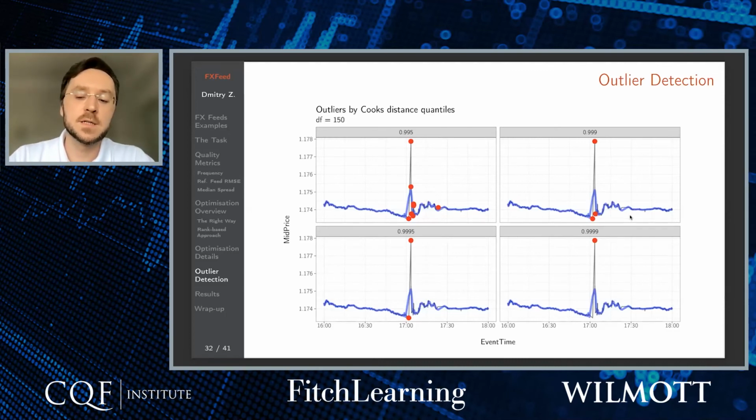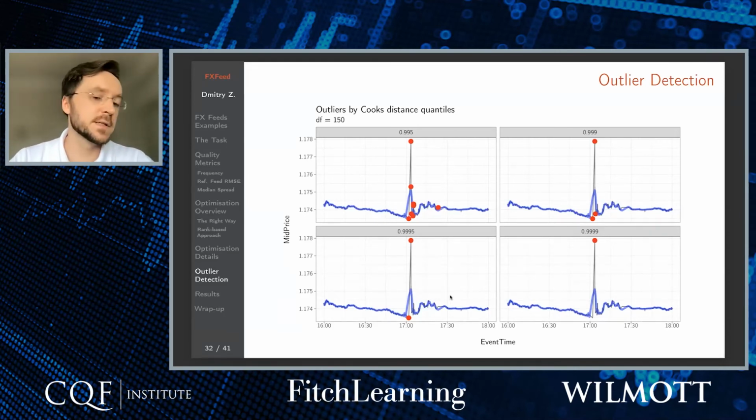And then we said the outliers are those points that lie outside of a particular quantile of the Cook's distance. So for instance, here you have 4 plots, and depending on the threshold, you get different data points marked as outliers.